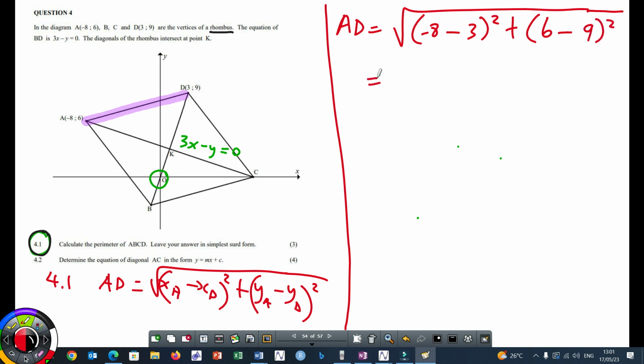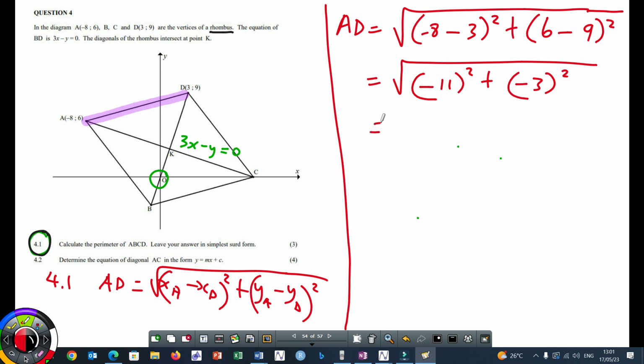So what am I doing? Finding the distance. This is pretty straightforward. So this will be the square root of minus 11 squared plus minus 3 squared. So we get the square root of 121 plus 9, and that will give us the square root of 130. Now, can the square root of 130 be simplified? No. So we leave it as it is.